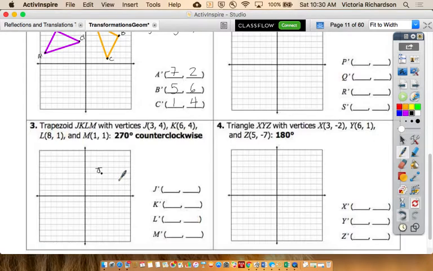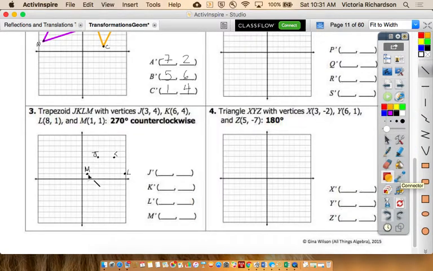Up 1, 2, 3, 4. That's K. L is 8, 1. So we go all the way over and up 1. M is 1, 1, which is right here. That's M. And then we connect.